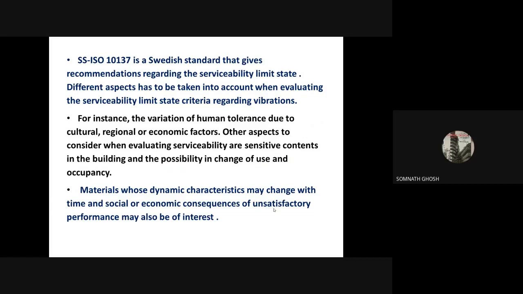If you go through this code, you will understand that unless you satisfy it, if this particular code is mentioned in the contract document, then your design will not be accepted. So you have to be very, very careful about this particular issue. Don't neglect it.